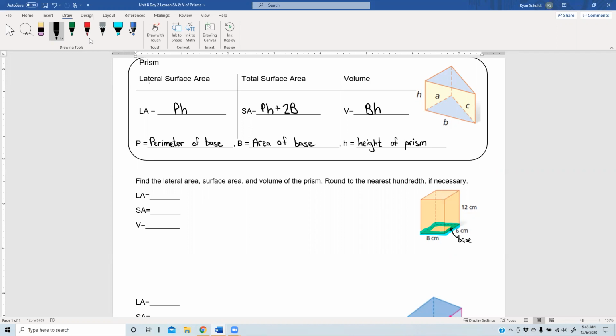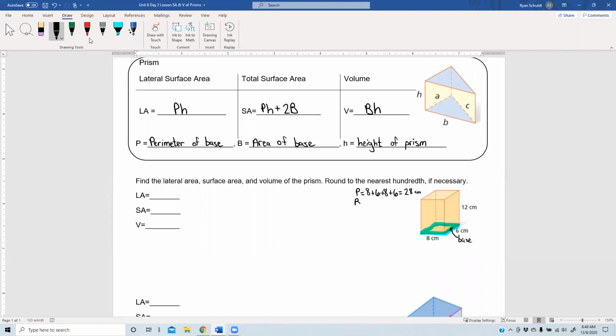The first thing we need to do is find the perimeter of it. Let's see, P. Well, I'm going to have 8 plus 6 plus 8 plus 6. If I add all those together, that gets me 28 centimeters. There's the P that I'll end up needing.